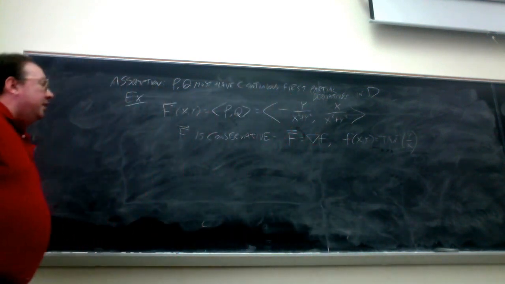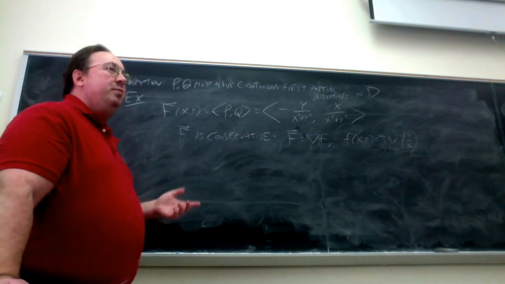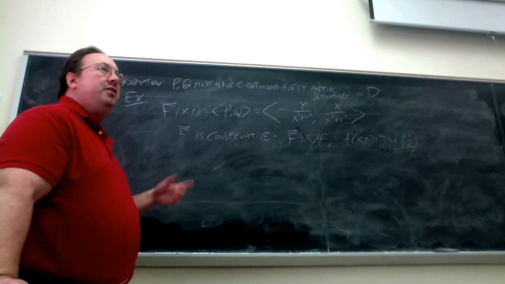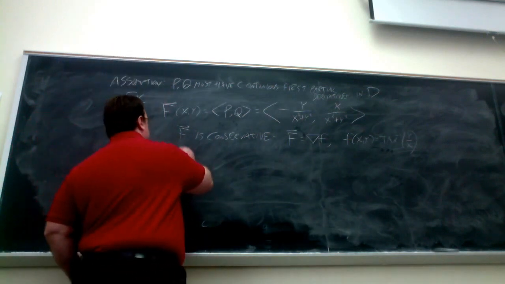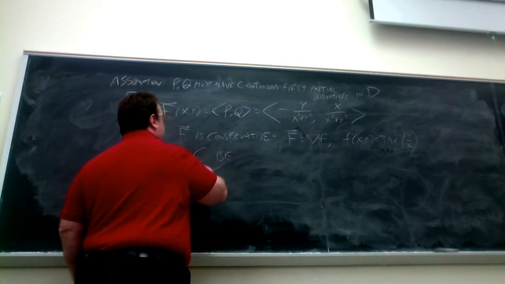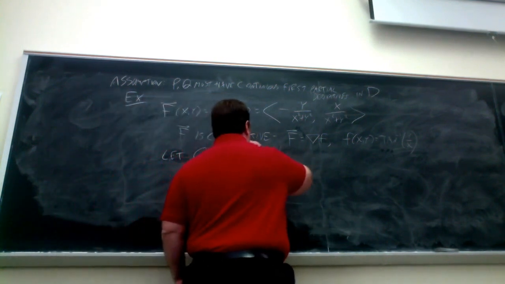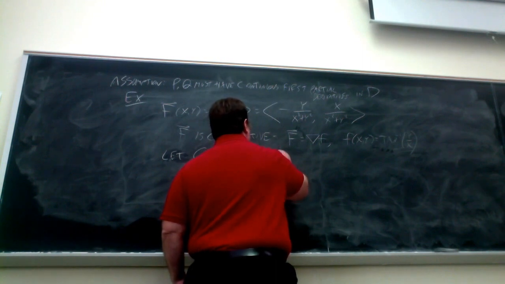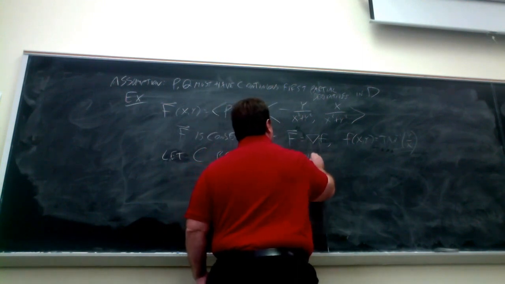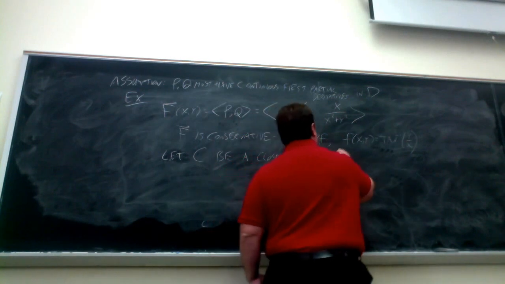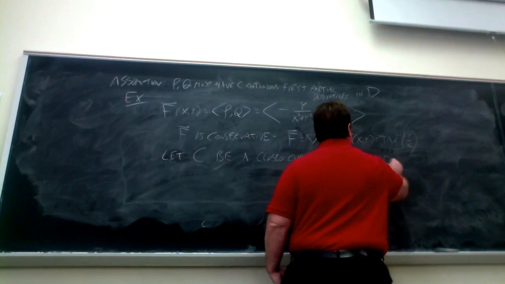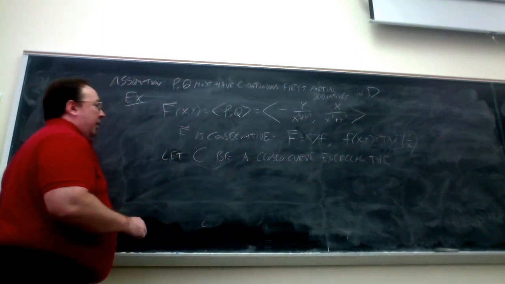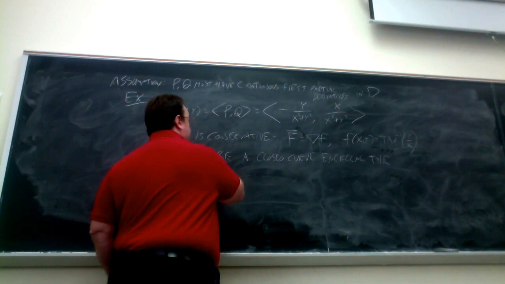Now, this example seems kind of strange because before I wrote down Green's theorem, I just said, if you're trying to evaluate a line integral, because this is what the problem is about, now let C be a closed curve that's encircling the origin.